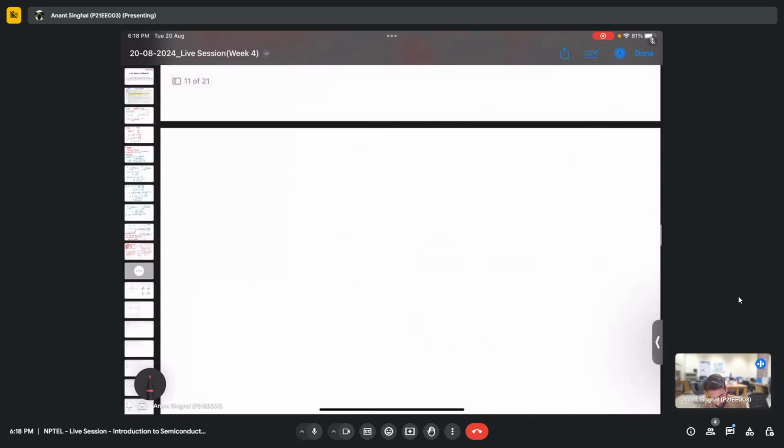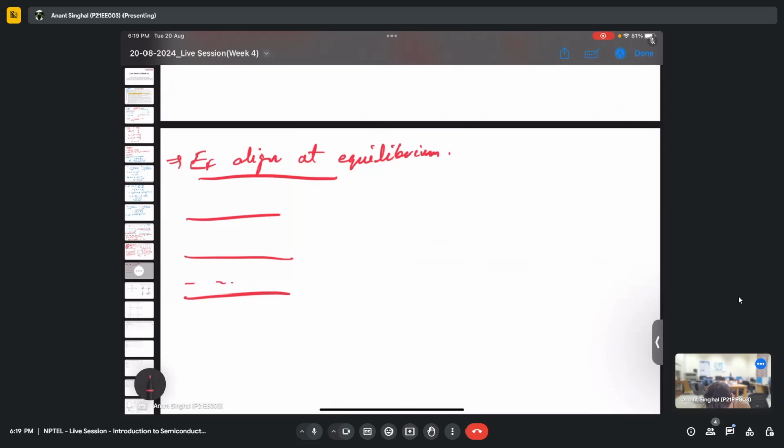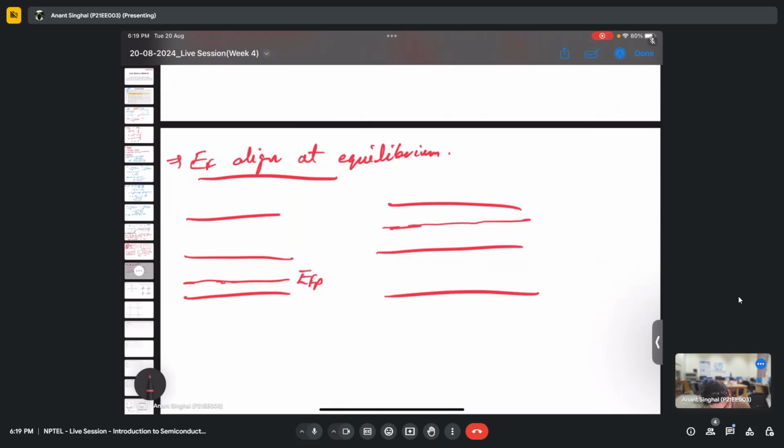Once we have established that electrons move from a higher Fermi level to a lower Fermi level, the second thing we have established is that EF aligns at equilibrium. We will have the same energy level if we are not applying any bias. So I can quickly make this again. This is EFP, and this is EFN.